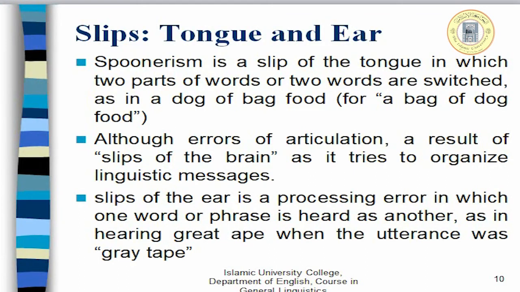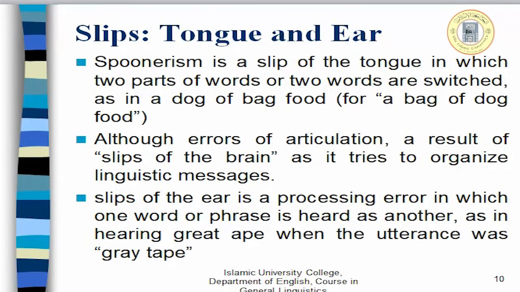It is a slip of the tongue in which two parts of words or two words are switched, as in a dog of bad food, which is switched for a bag of dog food. Make a long story short instead of make a long story short. Use the door to open the key instead of use the key to open the door.